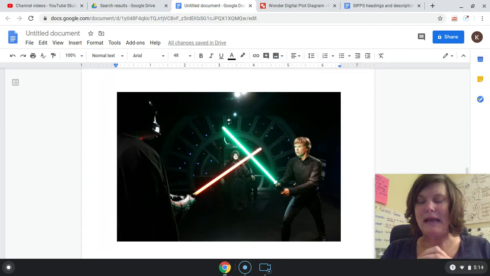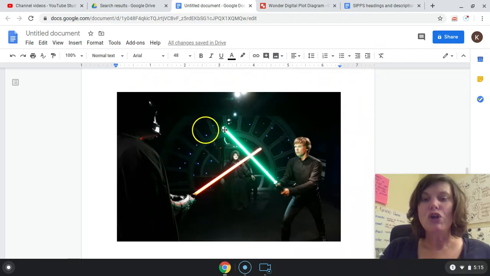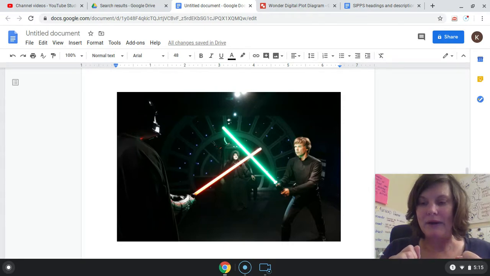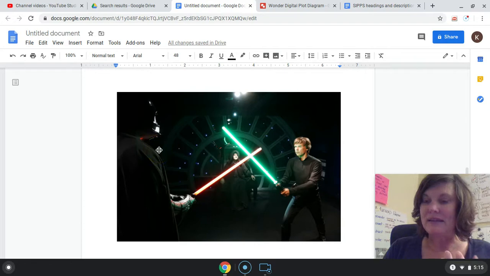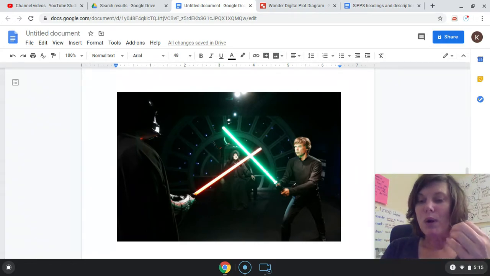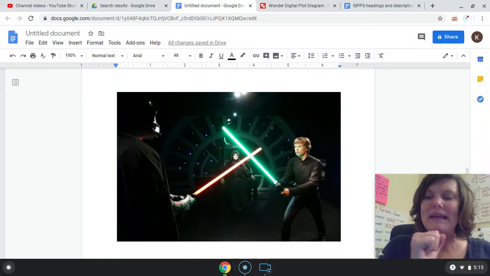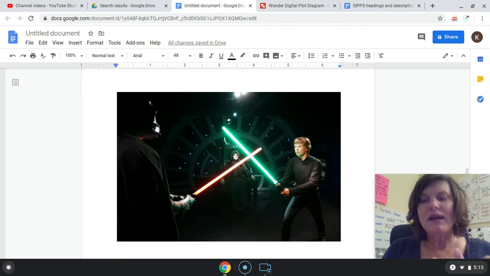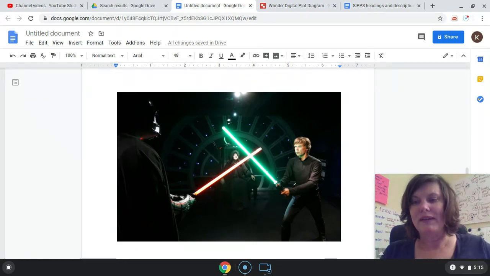It is the person who is against the hero or the leading character in a storyline. So that's what an antagonist is. It is someone who is against or opposing the main character in the story. They're working against them. A lot of times it's the bad guy or the villain.